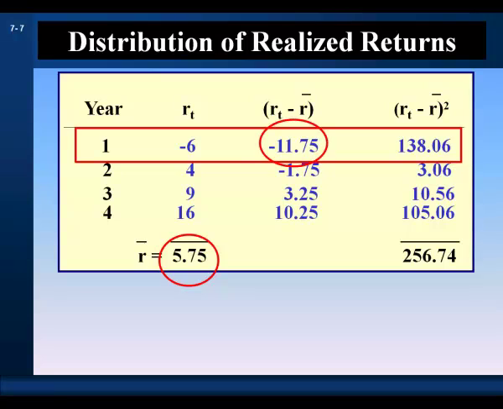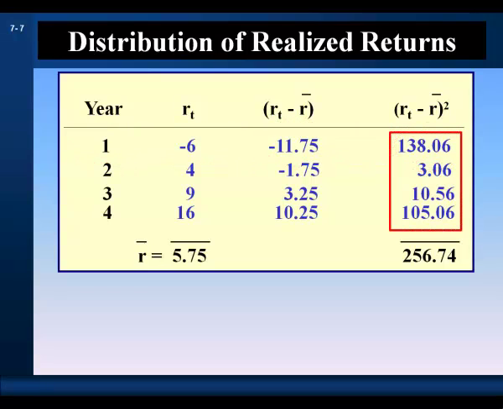So in year 1, our return is minus 6%, minus the 5.75% mean. Gives us a deviation from the mean of a negative 11.75. We square the deviation from the mean, and we do this for all time periods.